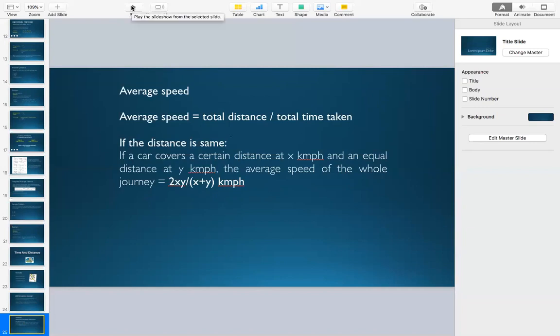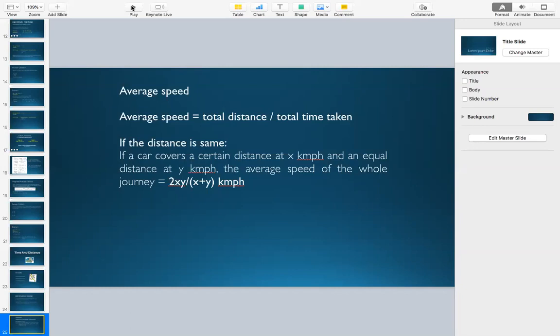Now you know that speed is equal to distance upon time. So average speed is equal to total distance upon total time. Let's take a simple scenario. Let's say you covered 40 kilometers in 2 hours, and then you covered 60 kilometers in 3 hours.